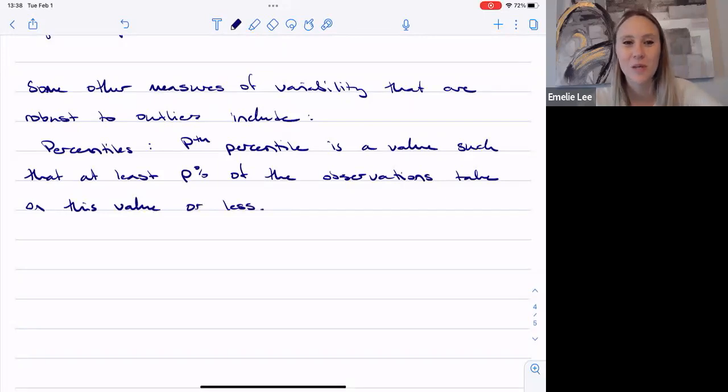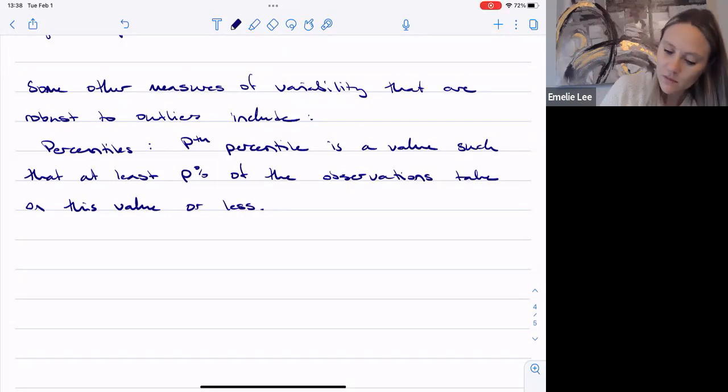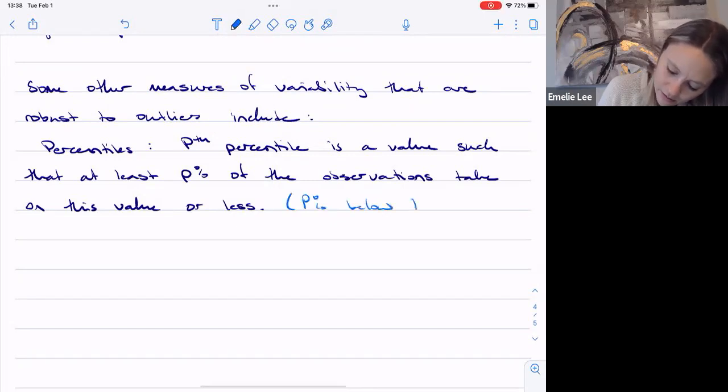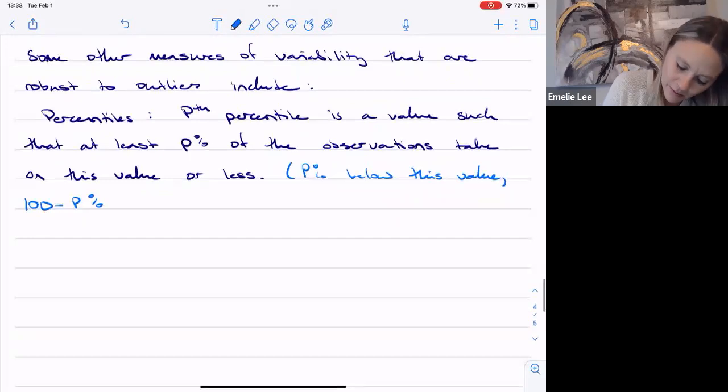And 100 minus P% are above it. So here, P% below this value and 100 minus P% above this value.